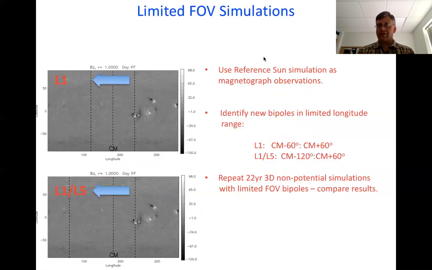What we need to do now is consider what limited field of view we have around these magnetograph observations, and within this limited field of view, deduce all the magnetic dipoles that are either emerging within your limited field of view for either L1 or L1 plus L5, or how many dipoles are rotating into this field of view that you can then measure the properties of at a later time. Once we've identified all these dipoles, then we can repeat the non-potential simulations just with these dipoles and compare them to the reference Sun model.